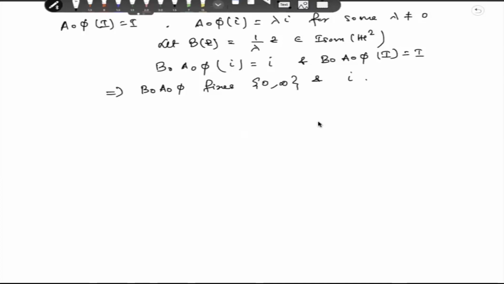What it can do is take 0 to infinity and infinity to 0. It can do this.